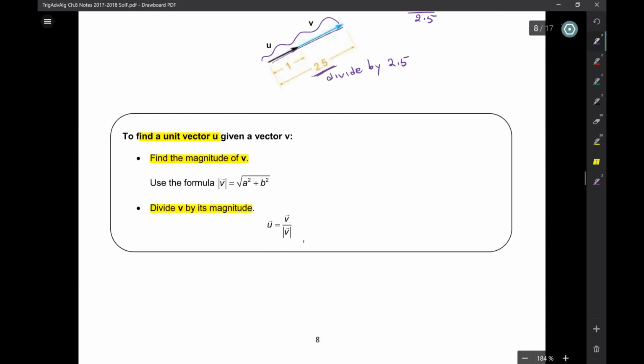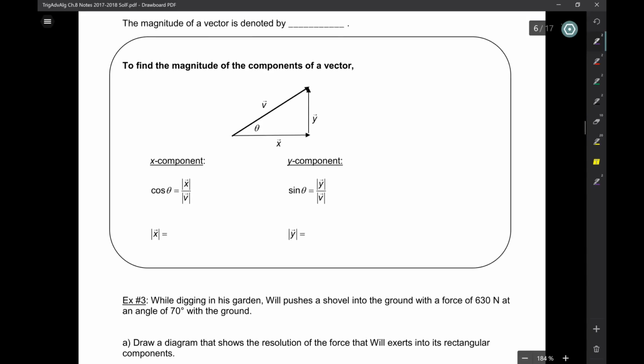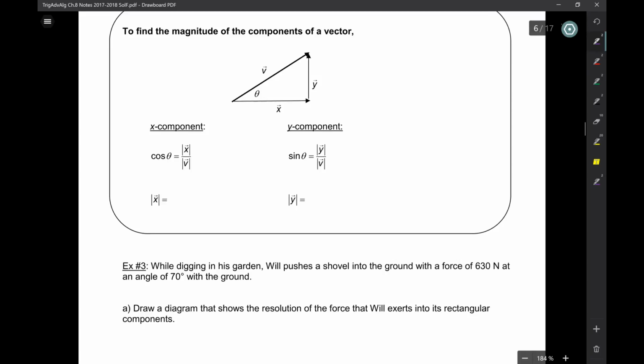So do you remember in section 1, let's go back to section 1. This isn't the inked version, but you have the inked version with you. We said that in order to find this x component, this is the adjacent and this is the hypotenuse. So cosine of theta is x over v.